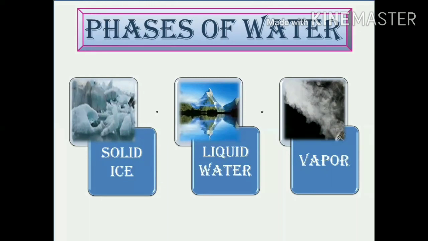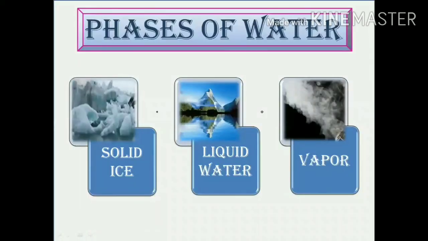Specifically, we use the term vapor for those substances which do not exist in the gaseous state at room temperature. It may be in the liquid state, it may be in the solid state also. So water here exists in three distinct phases.